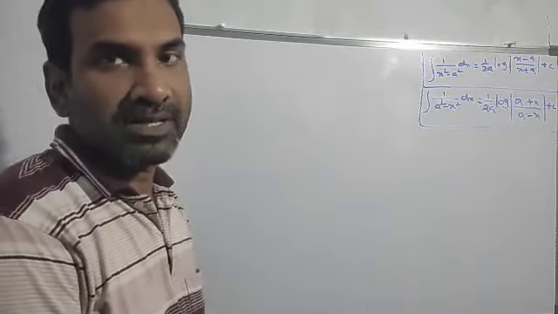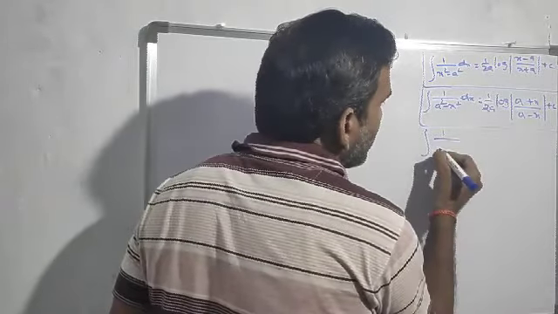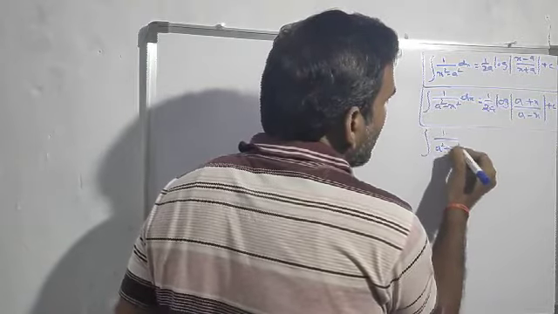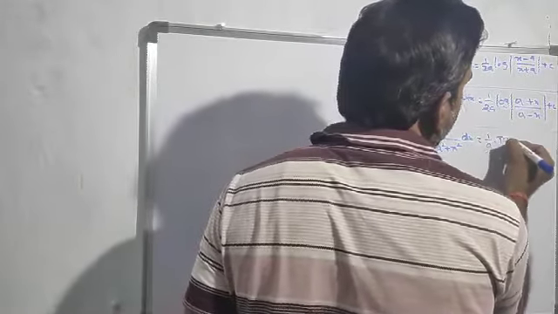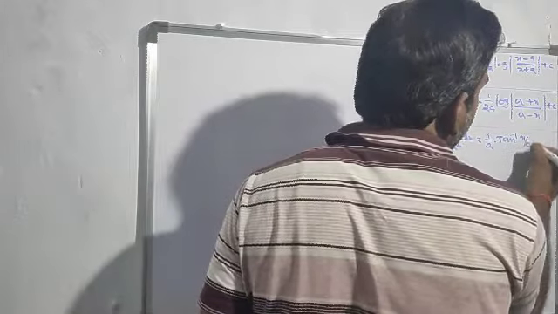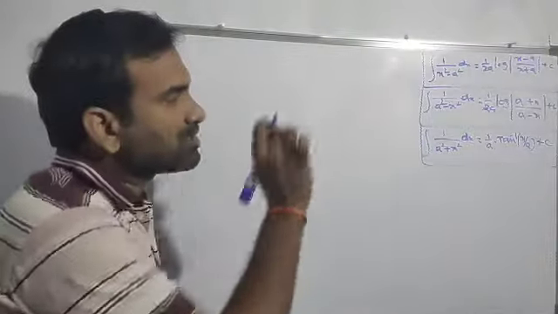Understand? Right. So already we know that for a square plus x square, or x square plus a square, we have this idea, 1 by a tan inverse of x by a plus c. That means 1 by without roots; these are the formulas.